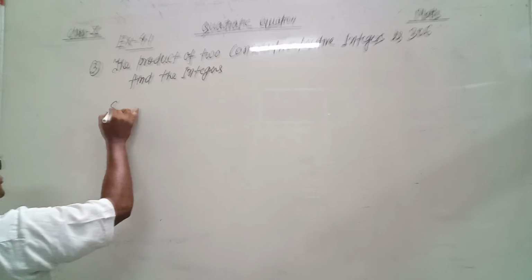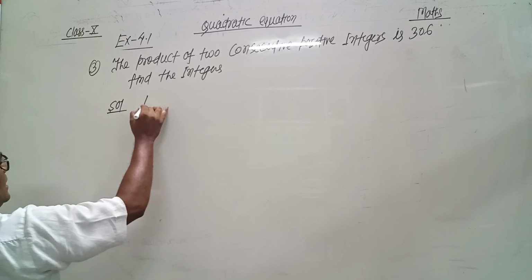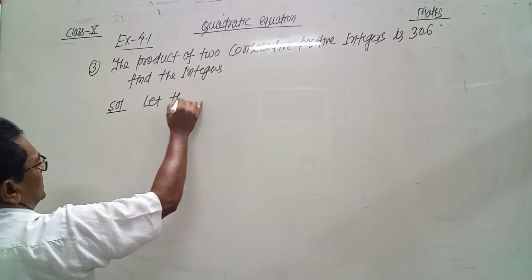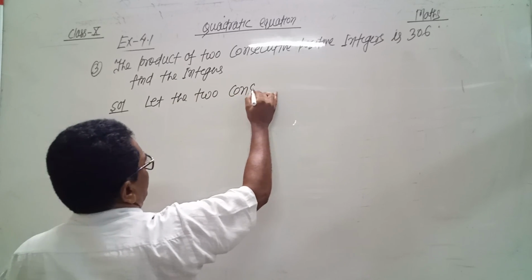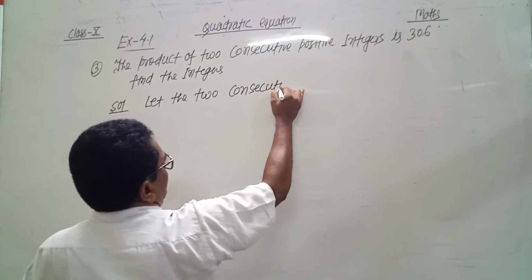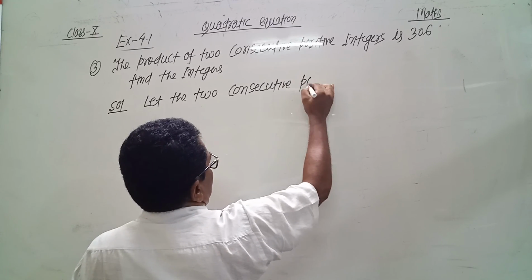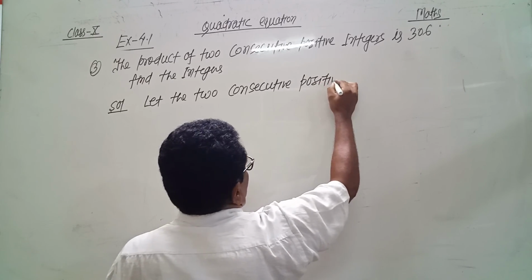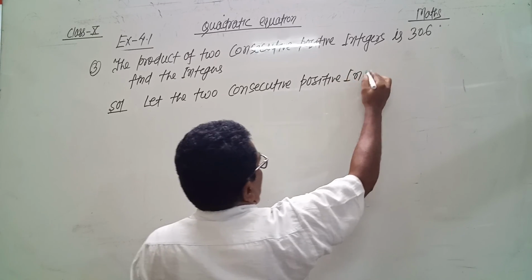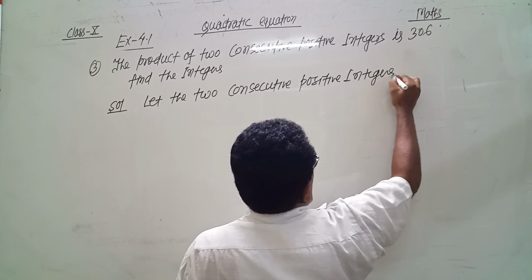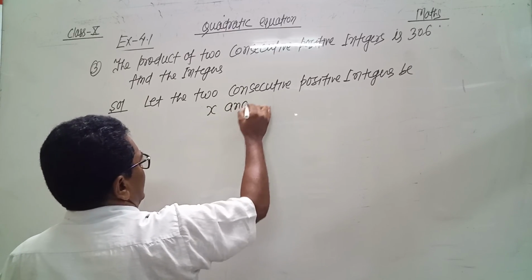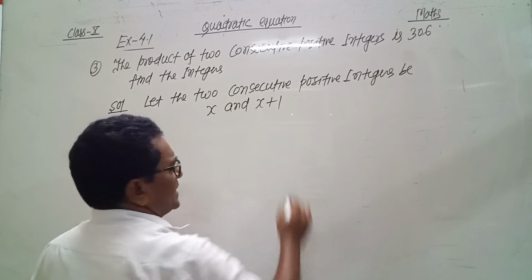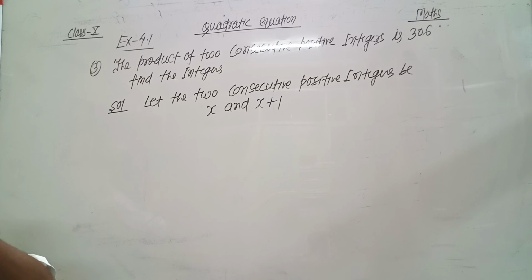So we suppose let the two consecutive positive integers be x and x plus 1. x and x plus 1 are two consecutive positive integers.